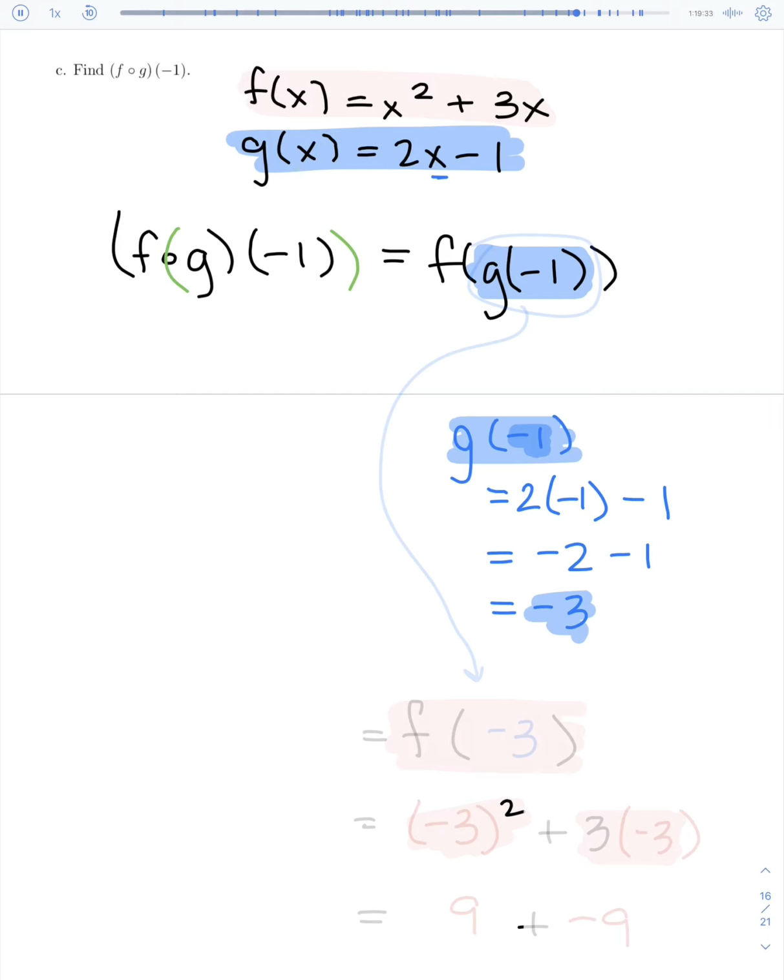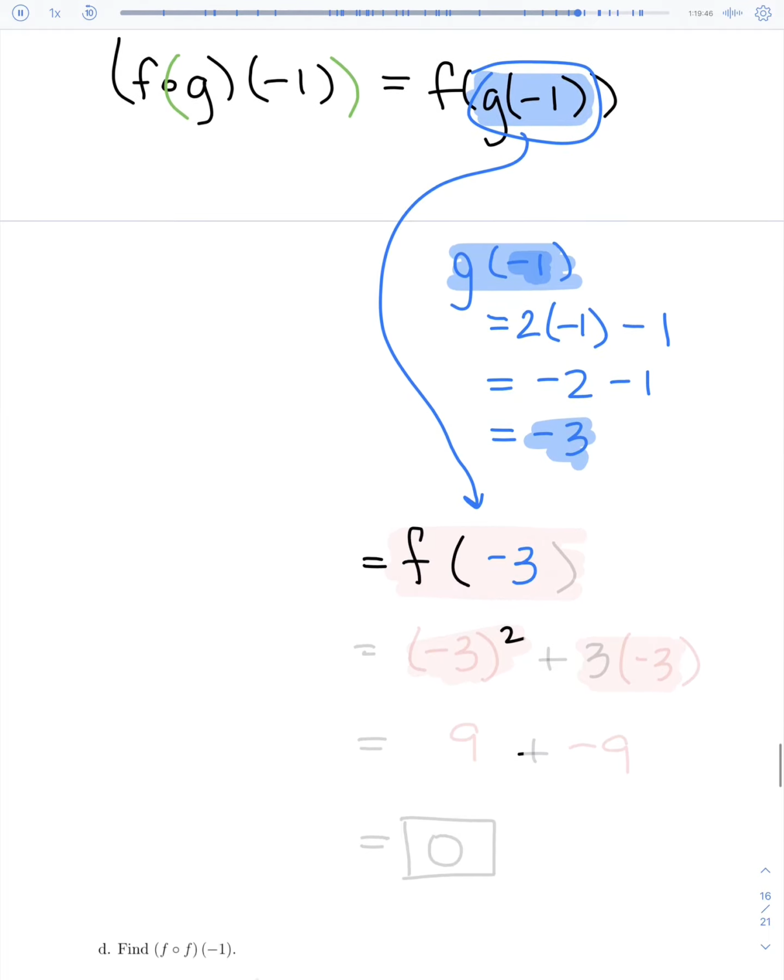So I can replace this entire g of -1 with a -3.